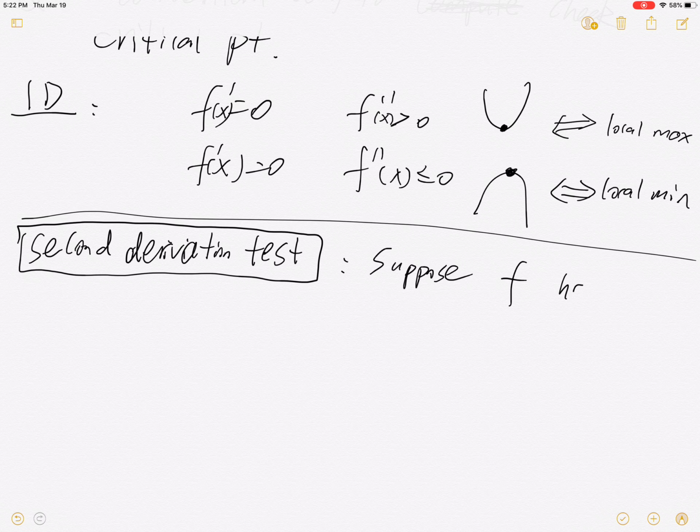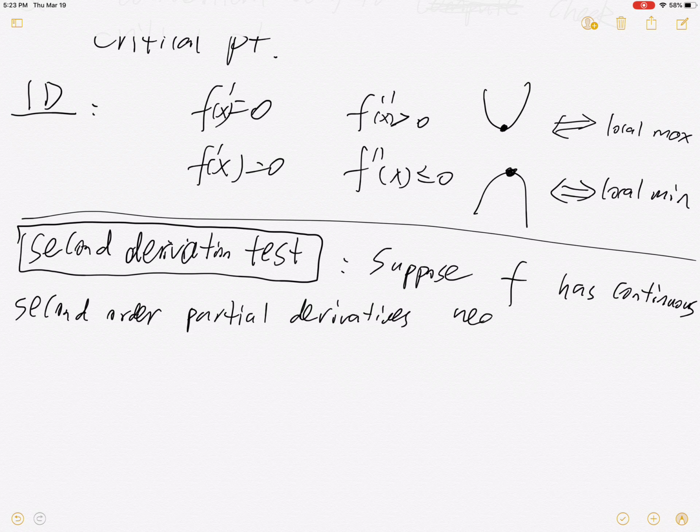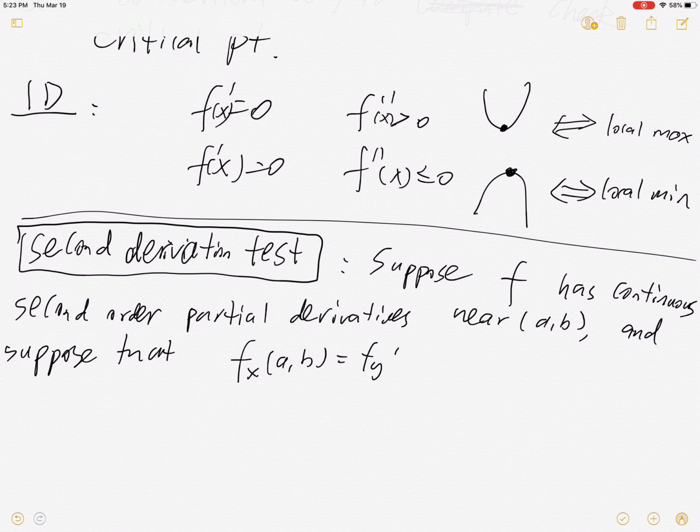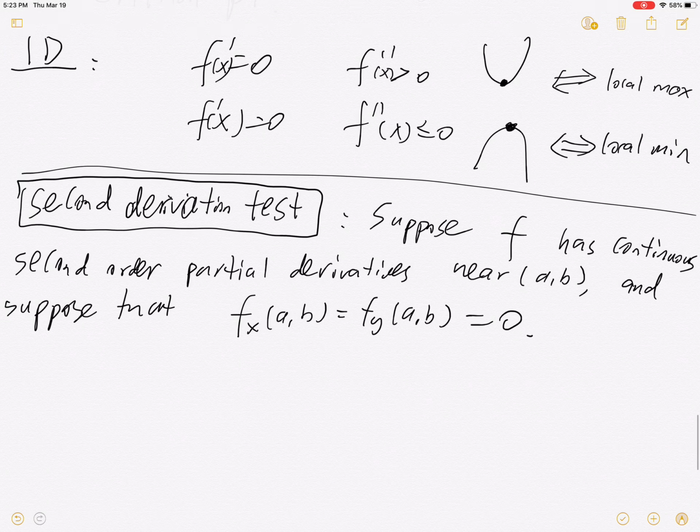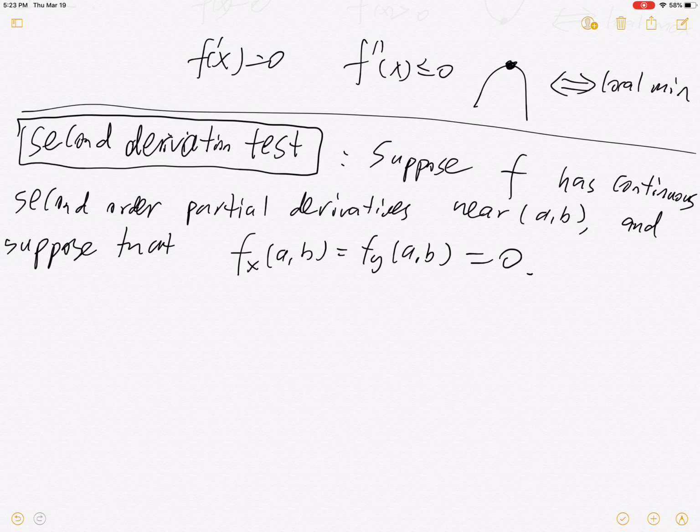Okay, so suppose f has continuous second order partial derivatives near (a, b), and suppose that the partials vanish at this point. Actually, this is the same as saying the point (a, b) is a critical point.